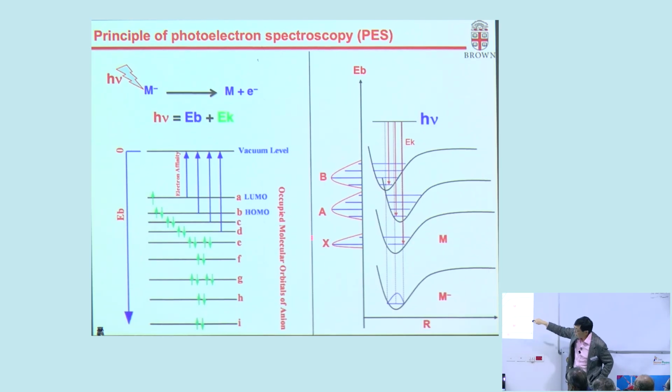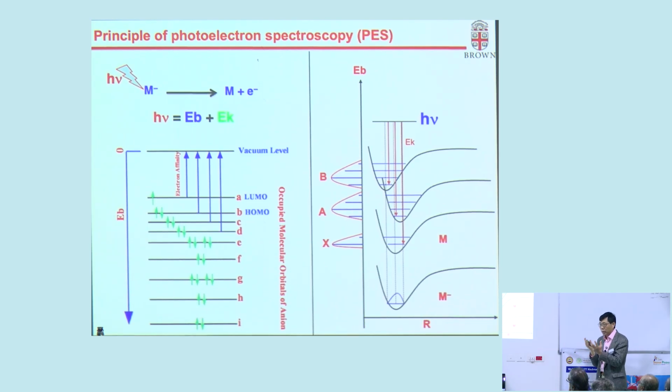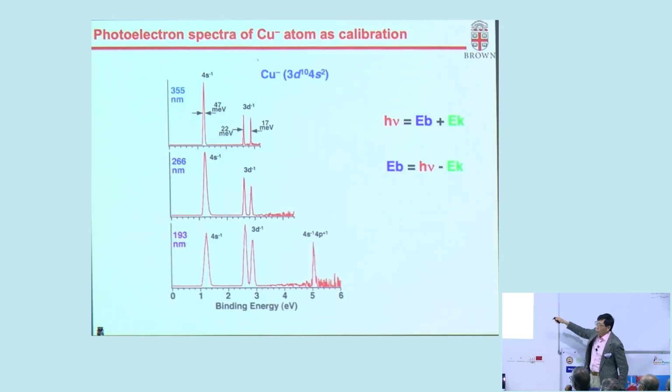Because these valence electrons are responsible for the chemical bond, we are essentially directly probing the chemical bond. Photoelectron spectroscopy is the closest experimental technique with which you can directly examine the chemical bond.